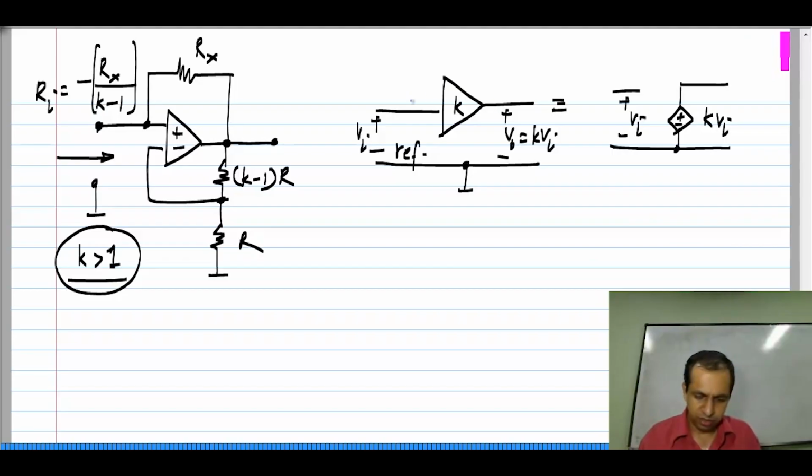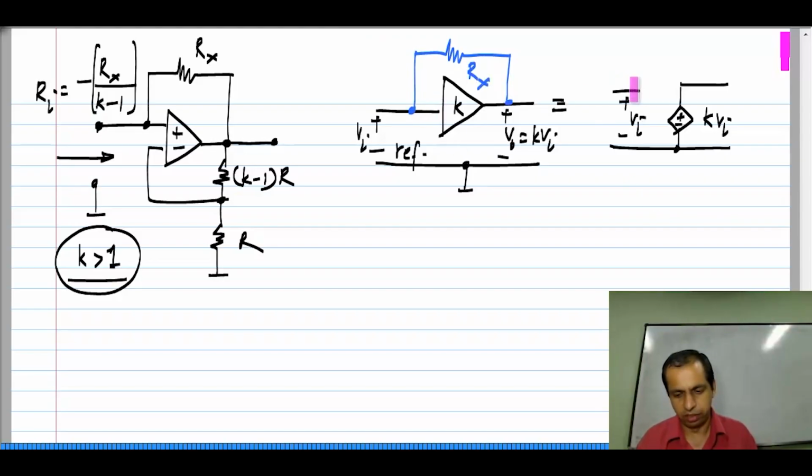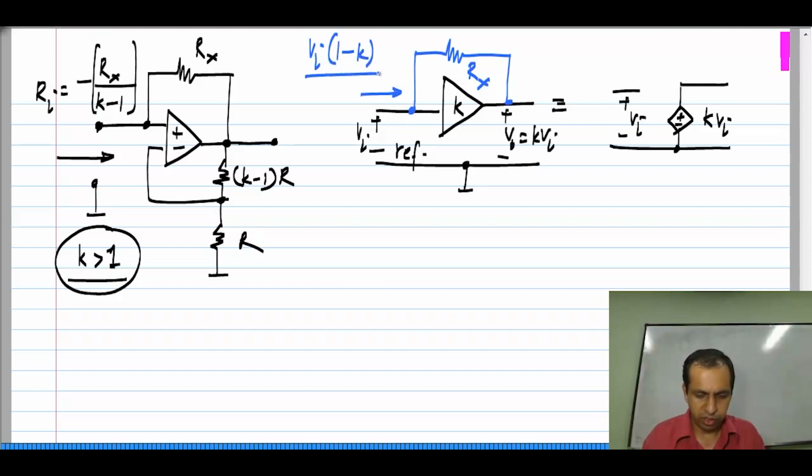If you connect a resistance between the input and the output of the amplifier Rx, let us assume that no current flows in here, like here it is an open circuit, no current flows in there, and the amount of current that flows in there would be Vi times 1 minus k divided by Rx, exactly what I evaluated for the other circuit.